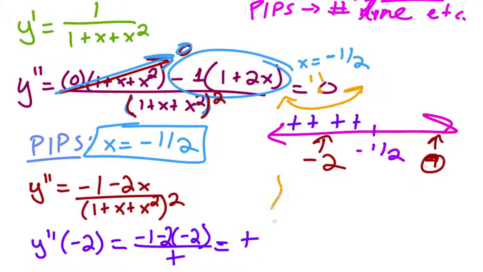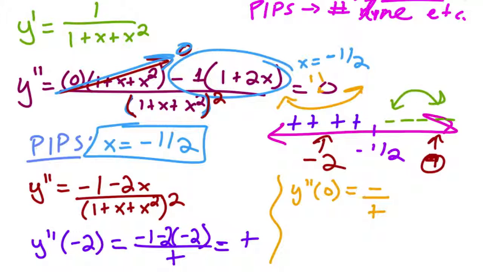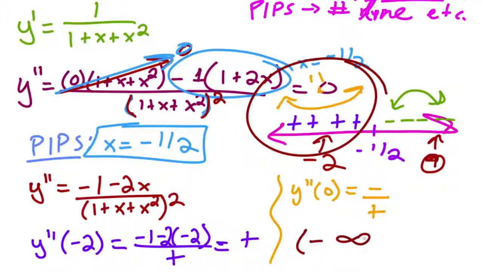Okay, and then I plug in 0 and I get negative over positive, which means it's concave down. And so what the question is asking for is where it is concave up. So that would be right here. So it's concave up on the interval from negative infinity to negative 1/2. And that's it.